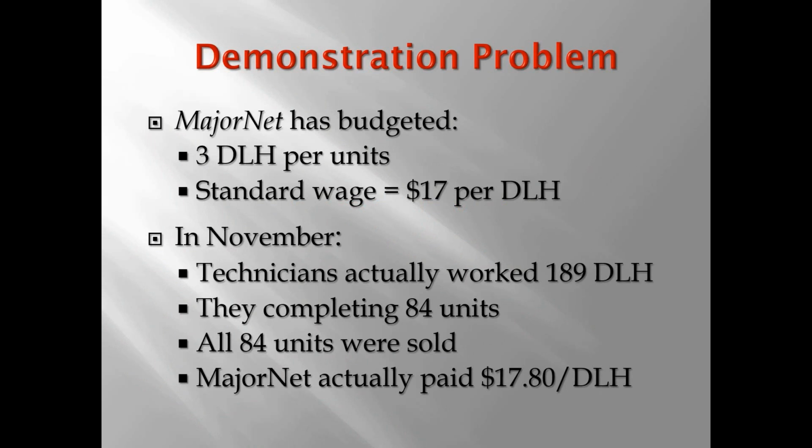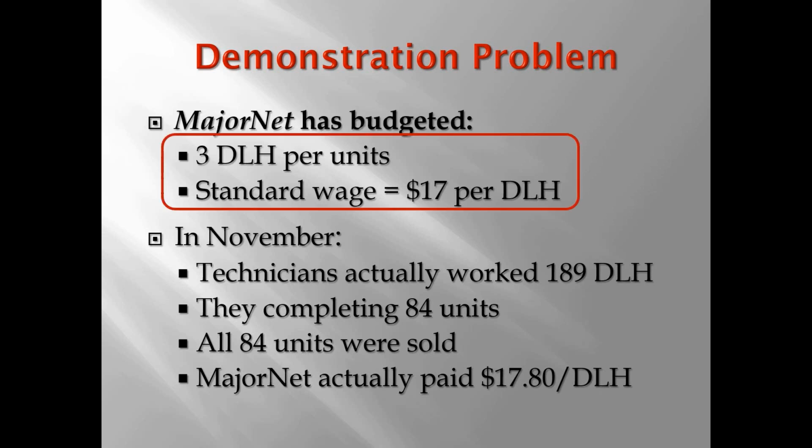Let's look at some information about Medinet's use and expectations for labor. The firm had budgeted that it takes 3 labor hours to make each unit, and their standard for wages is $17 per labor hour.